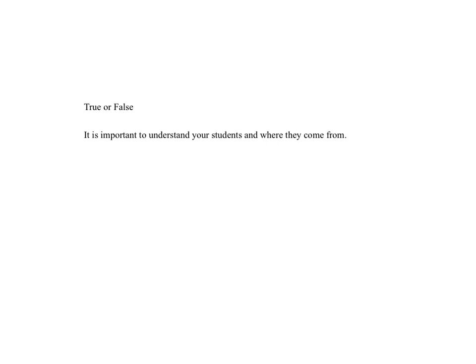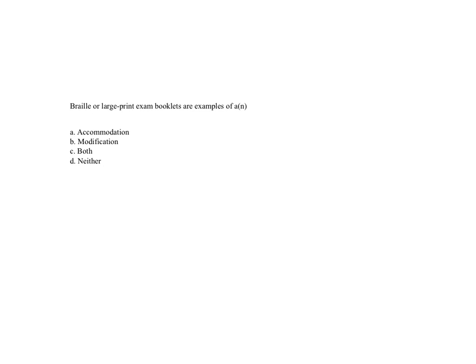Question 5. Braille or large print exam booklets are examples of A or an A, accommodation, B, modification, C, both, D, neither. Question 6.